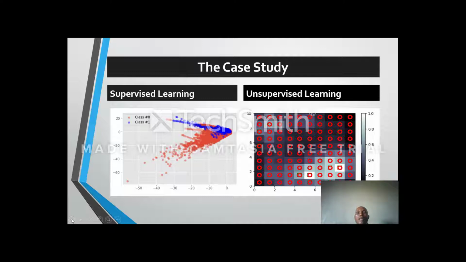This is more like a hybrid learning algorithm, whereby you are able to learn from the past via supervised learning, and you are able to detect new trends via the unsupervised learning algorithm.